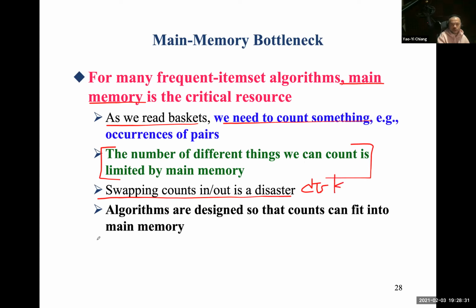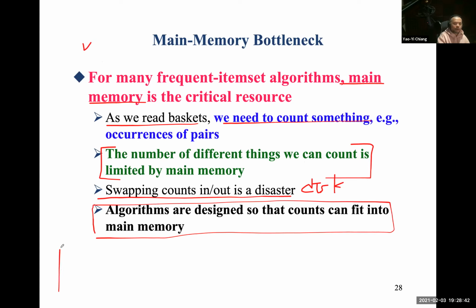And your algorithm is designed so that the counts will be able to fit into the main memory. This might sound very abstract to you, but let's look at our previous example. When we start to count all these baskets, what are our memory usages? Which part do we use memory? Anybody?